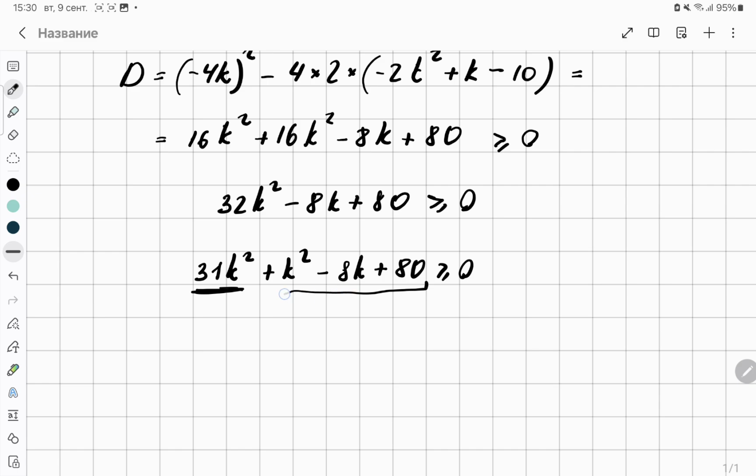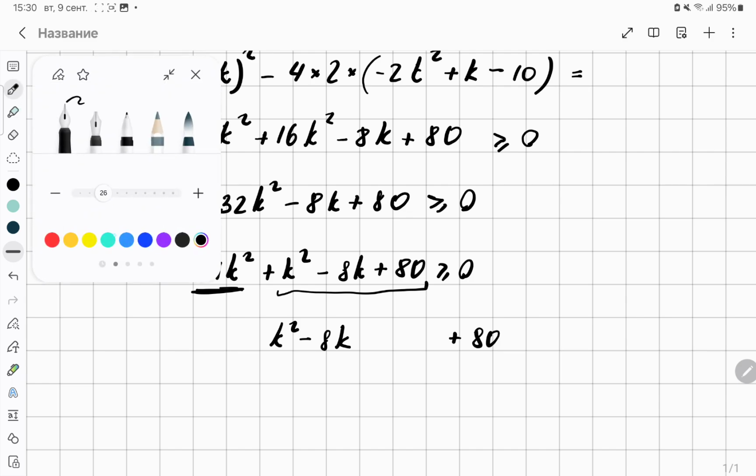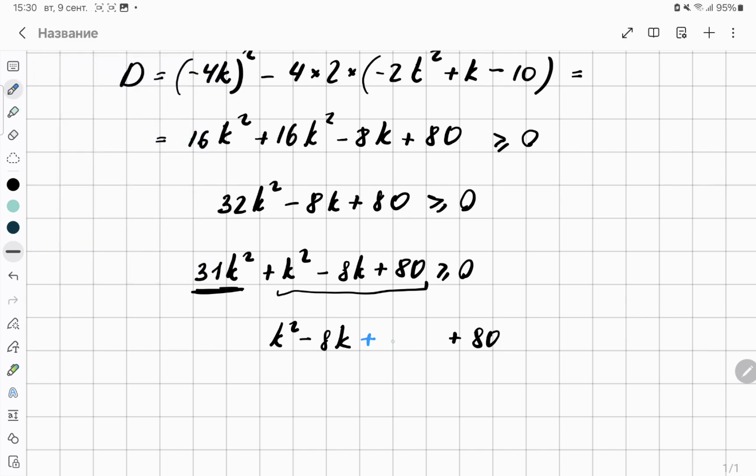The remaining three terms we can make into a complete square. So let's complete the square, plus 80. We add plus 16 minus 16, and now these three terms give us the complete square. Then minus 16 plus 80 is positive, plus 64.